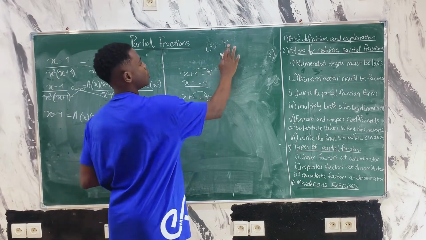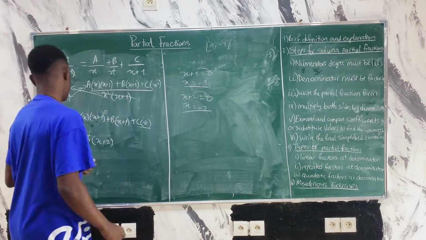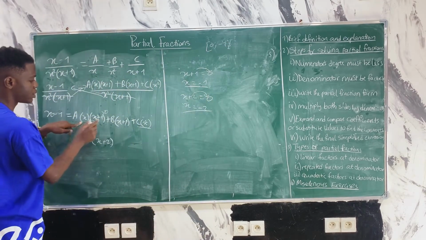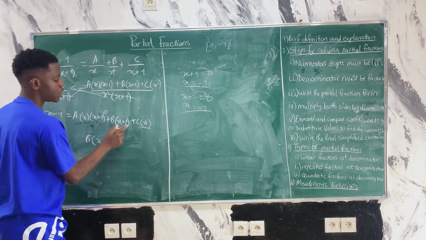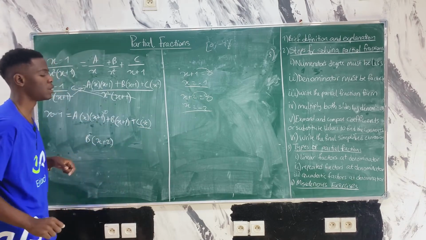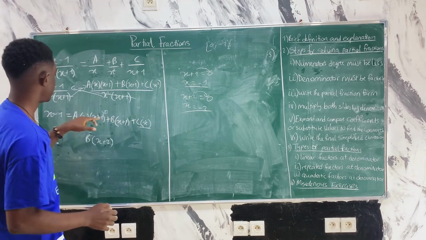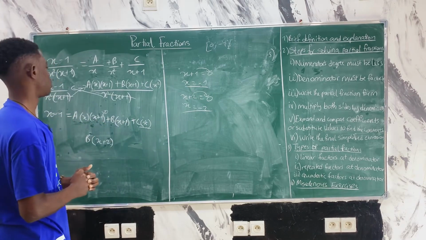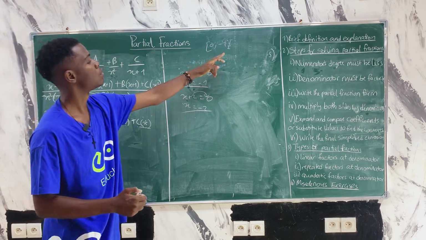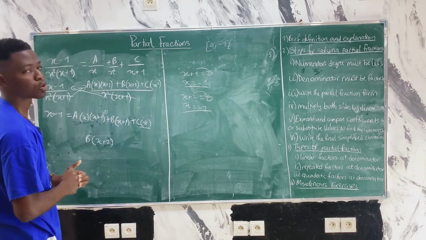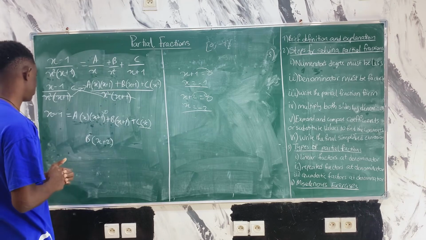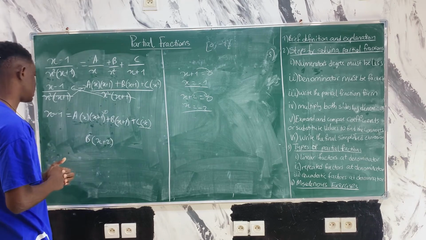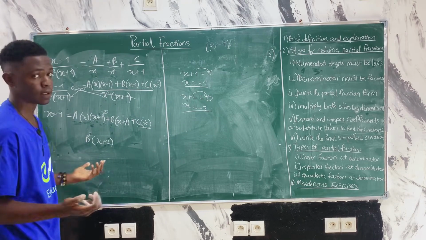So we use 0 for this x, then we use negative 1 for this one, and 0 still for x squared. Since there are 3 unknowns, we must use 3 equations, so we must use 3 numbers. The third one that I want to use is 1.